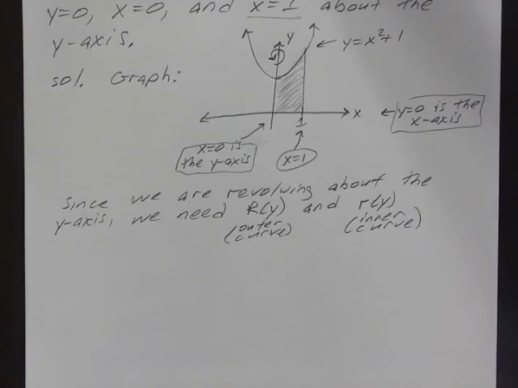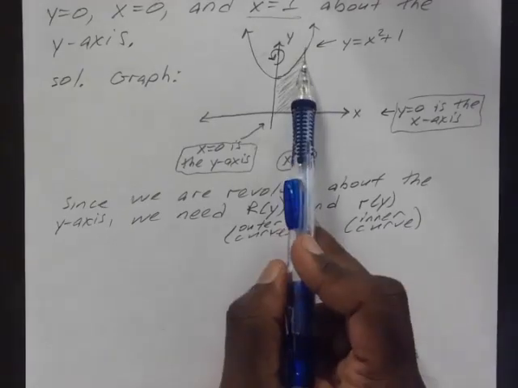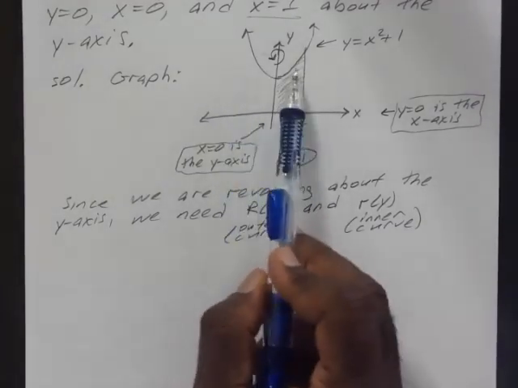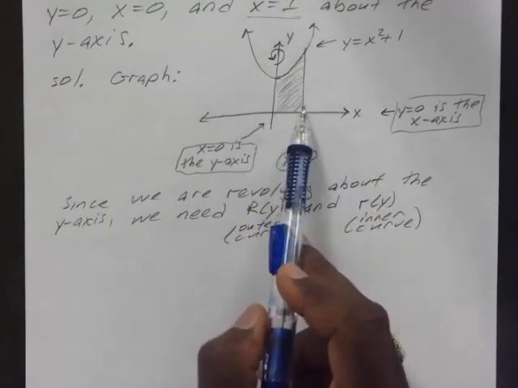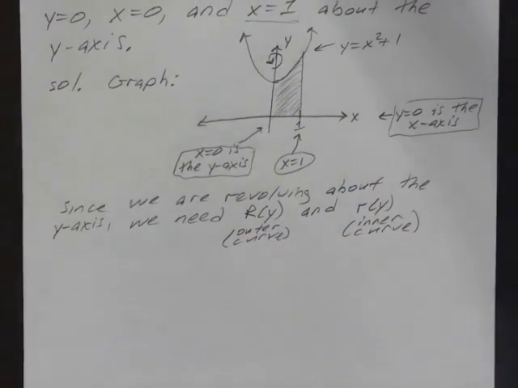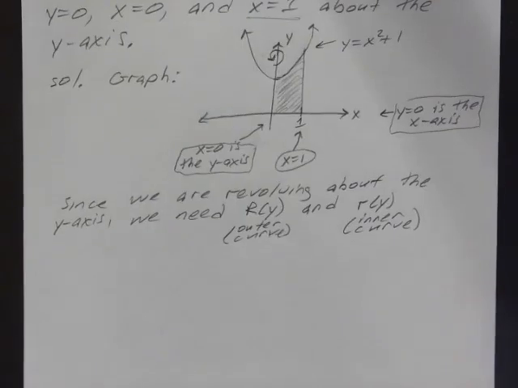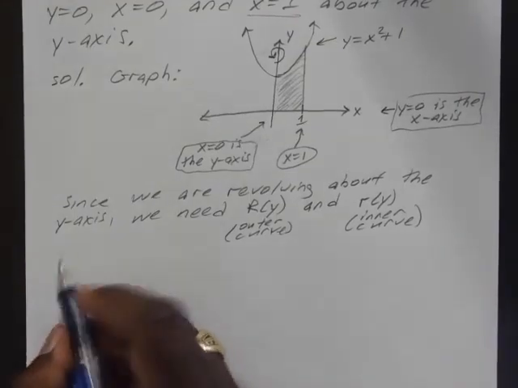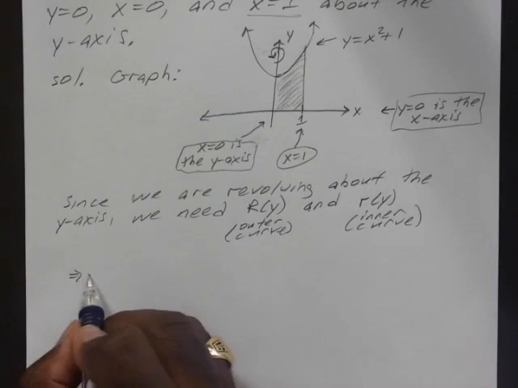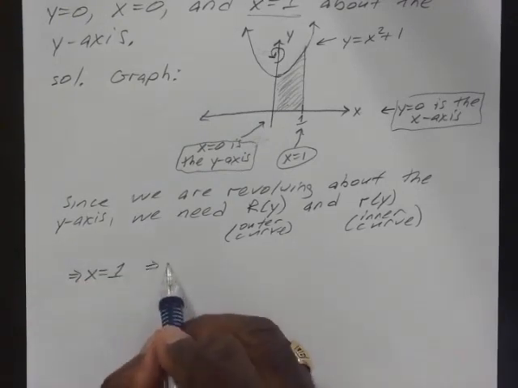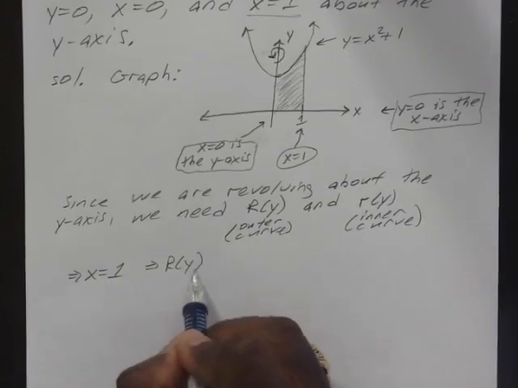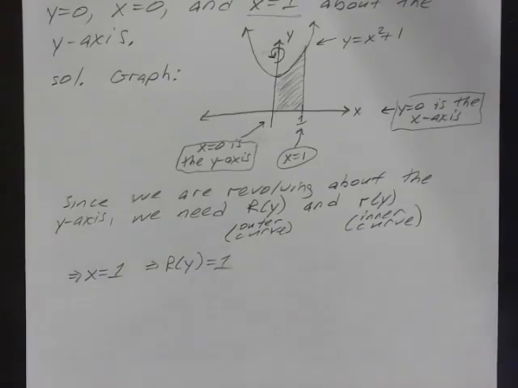Okay. So if we look at this graph, and let's say we spin it around the y-axis, the curve or the function that's going to be on the outside is going to be x equals 1. Okay, so we know that x equals 1 is going to be our outer function.